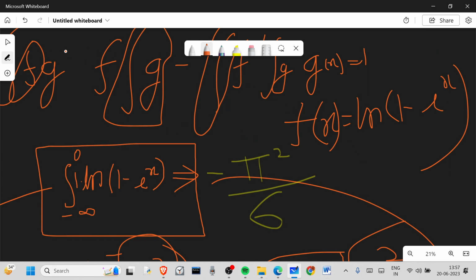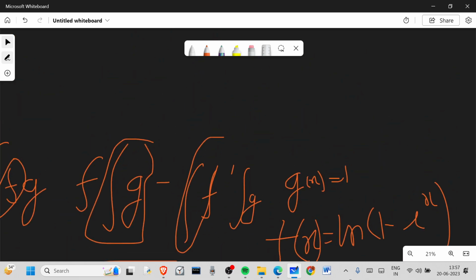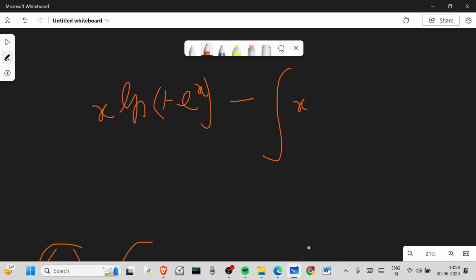So using the same formula and doing integration by parts, we are getting x ln(1 minus e to the power x), minus the integral of x into the derivative of ln(1 minus e to the power x).